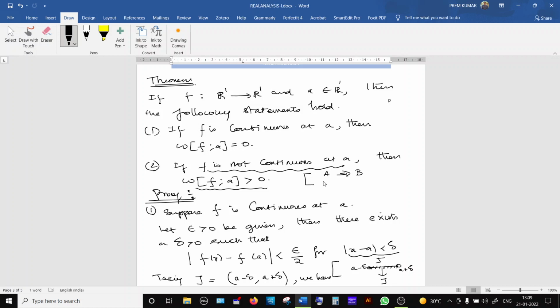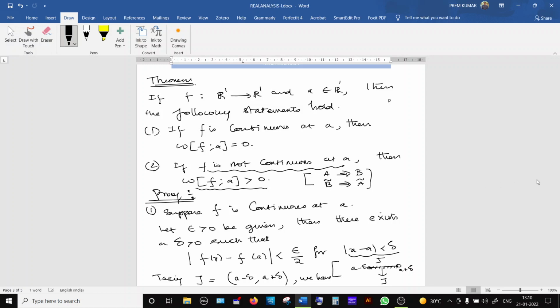The other way to prove this, we assume that b is false. Then we have to prove that a is also false. That is, we assume that the oscillation is less than or equal to 0. Then we will try to prove that f is continuous.